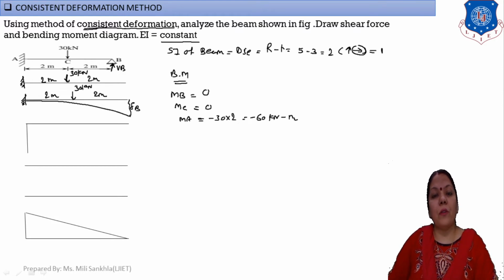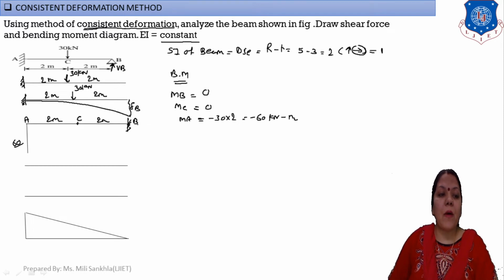Now we draw the BM diagram, and here we follow the conjugate beam method. Convert this free end to a fixed end, and from here mark the points. This is point A, this is our point C, and this is our point B, and this distance is 2 meter and this distance is 2 meter. The moment at B is equal to 0, the moment at C is also 0, and at A we get height 60 by EI.